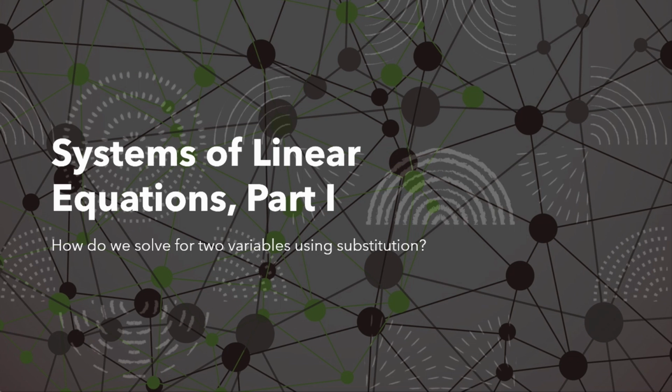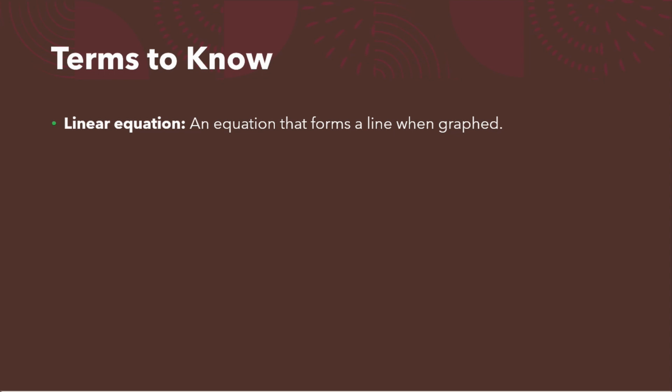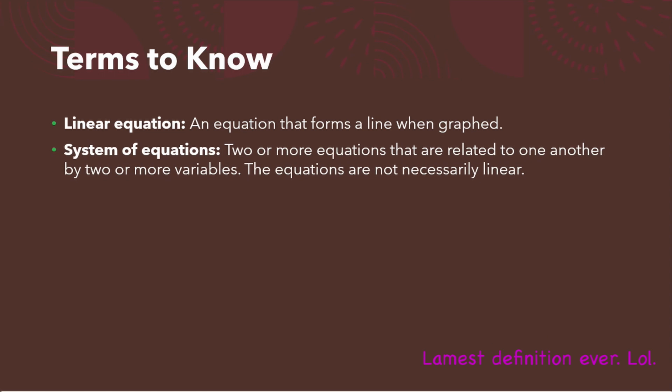In this video, we're going to learn about how we solve for two variables using substitution. Some terms to know. A linear equation is an equation that forms a line when graphed. A system of equations is two or more equations that are related to one another by two or more variables.